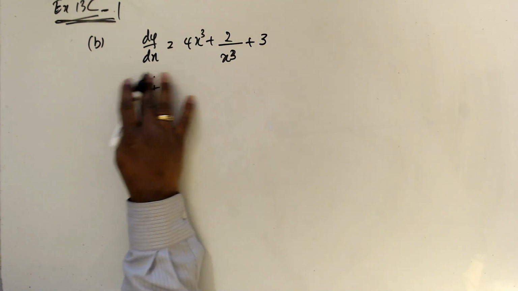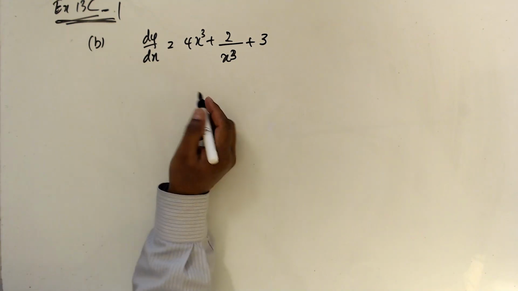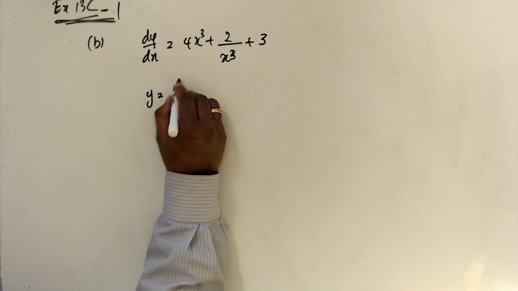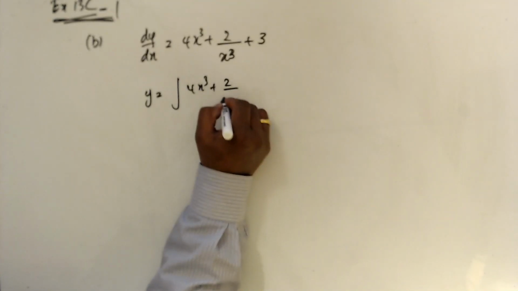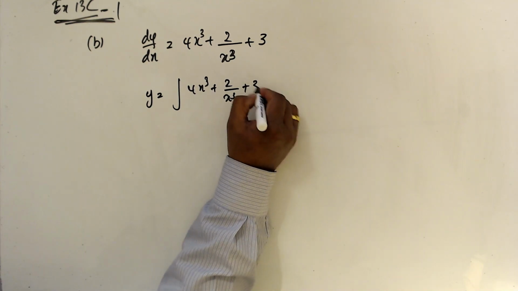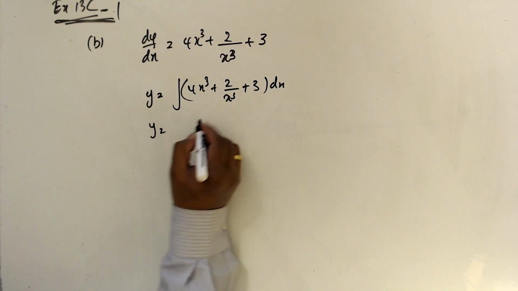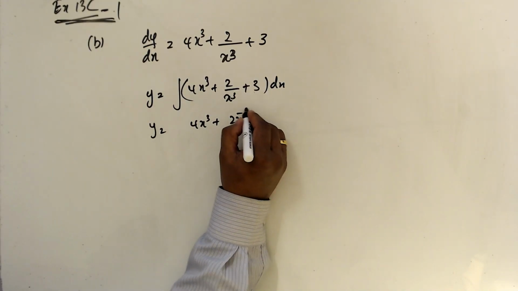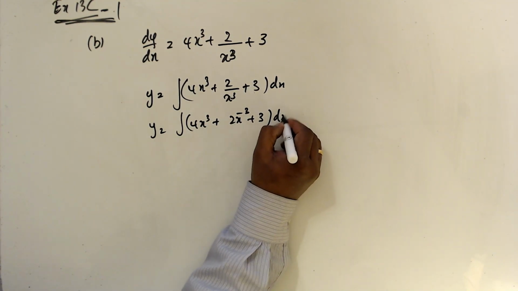Part B, so we'll come to the simple way. We can find the curve y by integrating this derivative, first derivative. So this is going to be the integral of 4x cubed plus 2x to the minus 3 plus 3 dx.